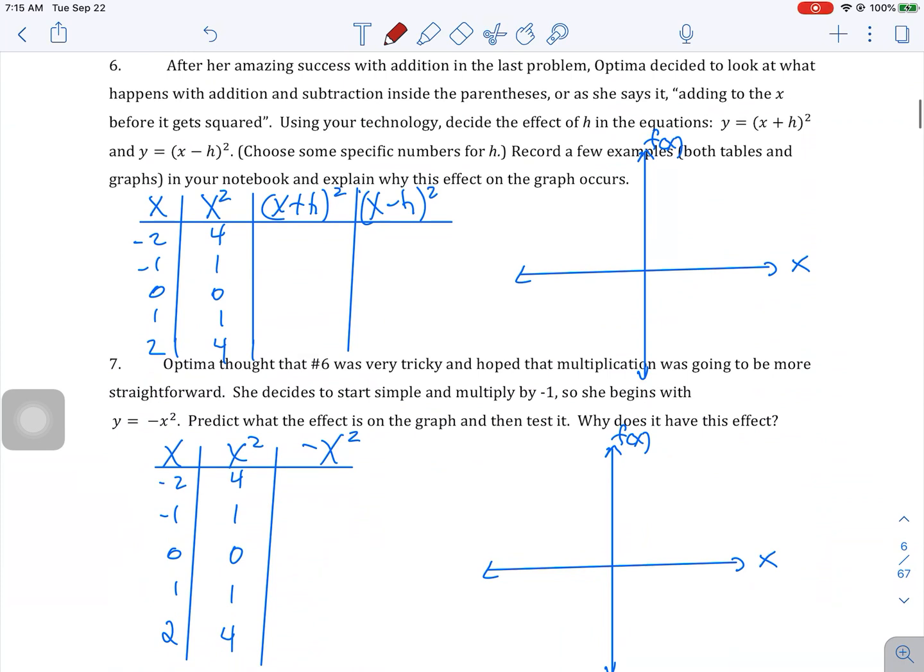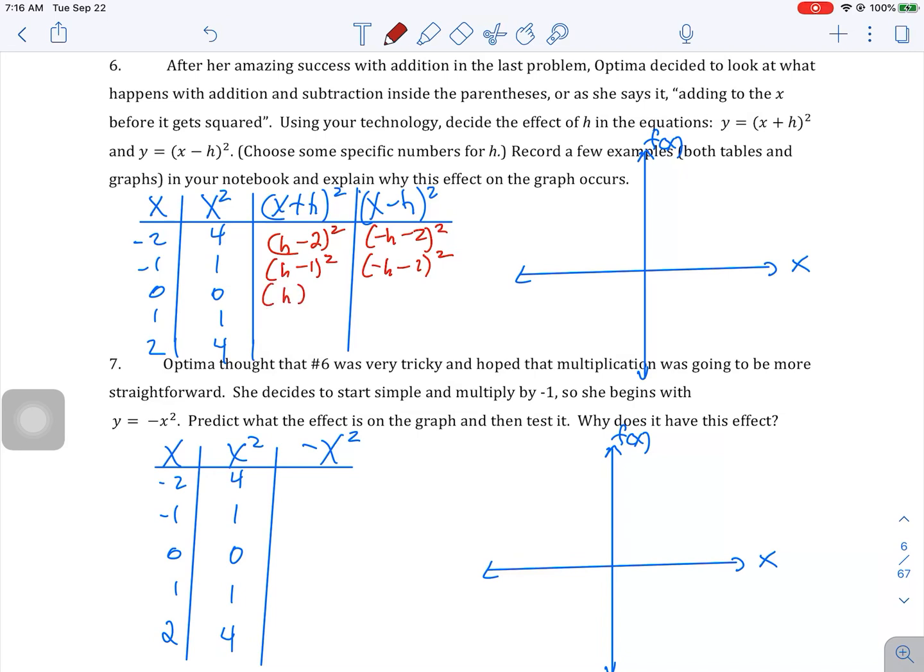The next one here is x plus h and x minus h. So in this case, you're going to end up with this one's going to be h minus 2 squared, and this one's going to be negative h minus 2 squared. This will be h minus 1 squared, negative h minus 1 squared.